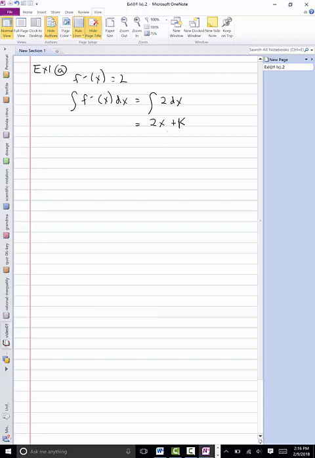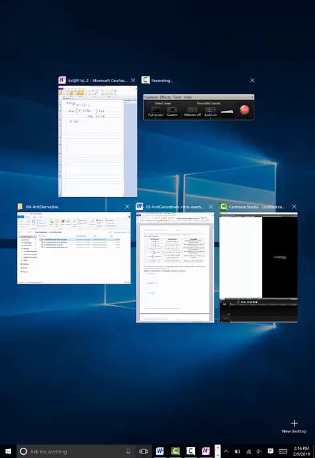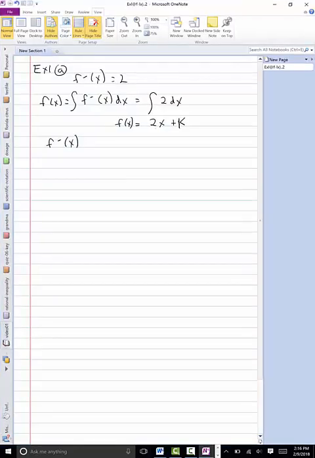So if I were to take the derivative of my final answer, so if we say that that is f, and if I do the derivative, well, what's the derivative of 2x? 2. What's the derivative of a constant? 0. So that's the idea, is that when we're finding the antiderivative, we're going backwards to the original function.